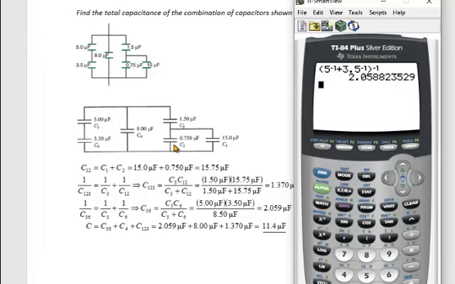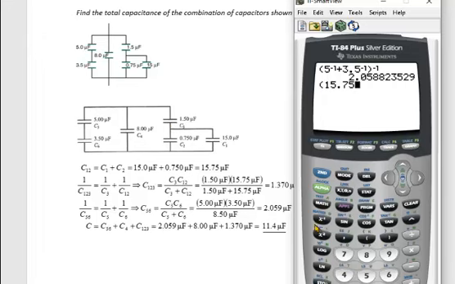I have these two here being in parallel with each other. Since they're in parallel, they simply add. So I'm going to do this. I simply add them in my head. 15 plus 0.750, so 15.75. Okay? These two here are purely in parallel with each other. Now these capacitances are in series with this one here, with the 1.50. So now they add as reciprocals.